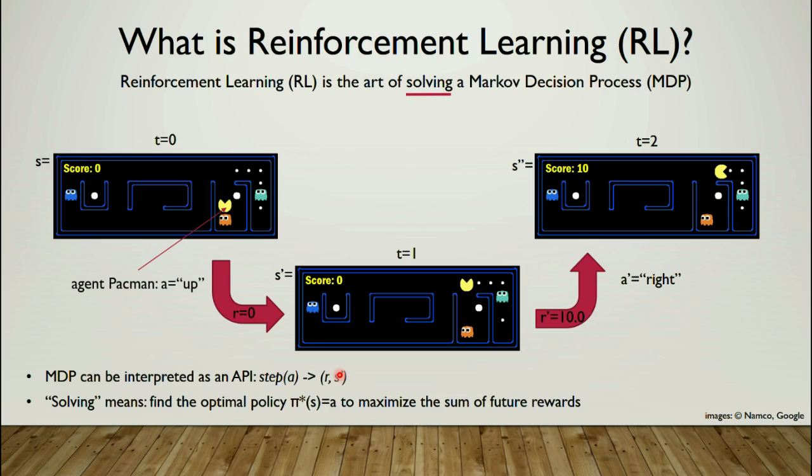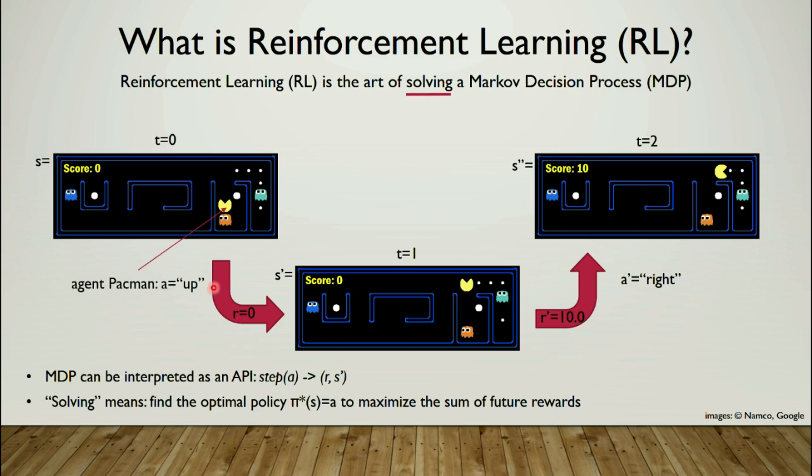And now at the very end I also want to talk about what solving actually means. It's quite simple. Solving means we find the optimal policy, and a policy is the selection of actions throughout time, and it is a function always called pi in the literature. Pi star means it's the optimal one, and it's a function that returns an action if I hand it a state. So it basically tells me what to do in each state.